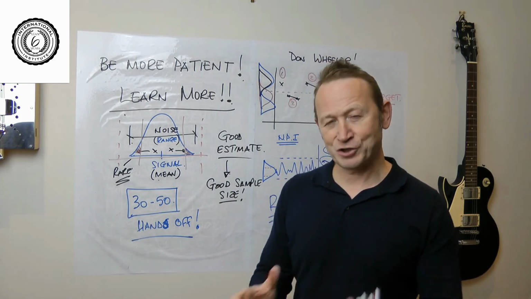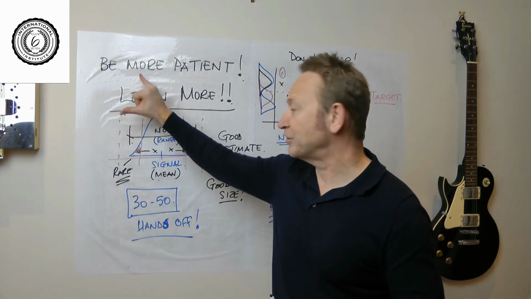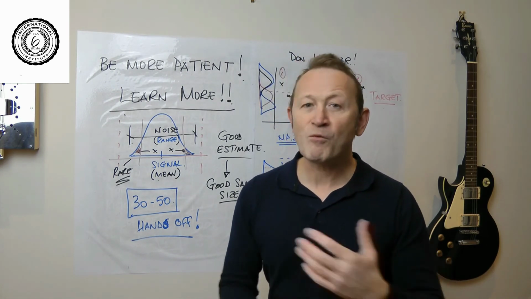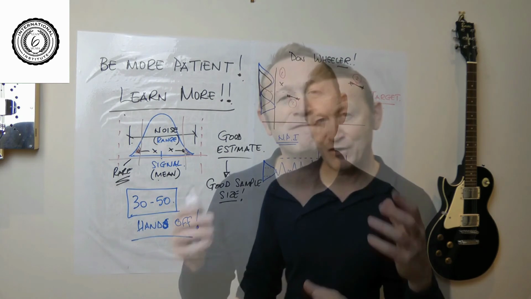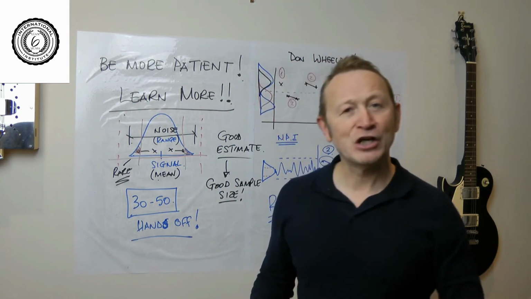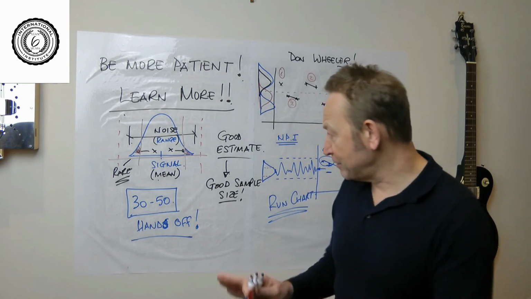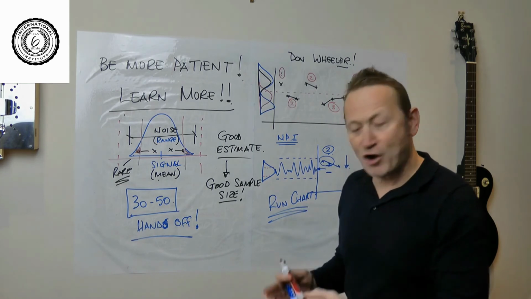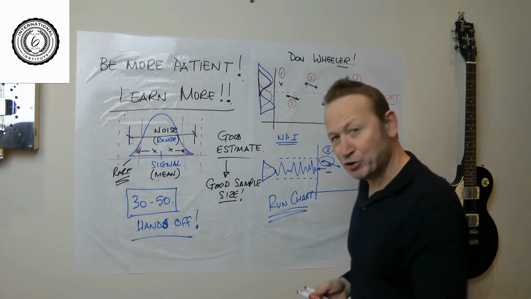Crucial. Engineers, operators, guys, be more patient. Now, if you want to formalize all of this theory and bring it to life, you can do it the way I've just said, 50 hands off, draw the graph, then use your common sense by using a run chart.